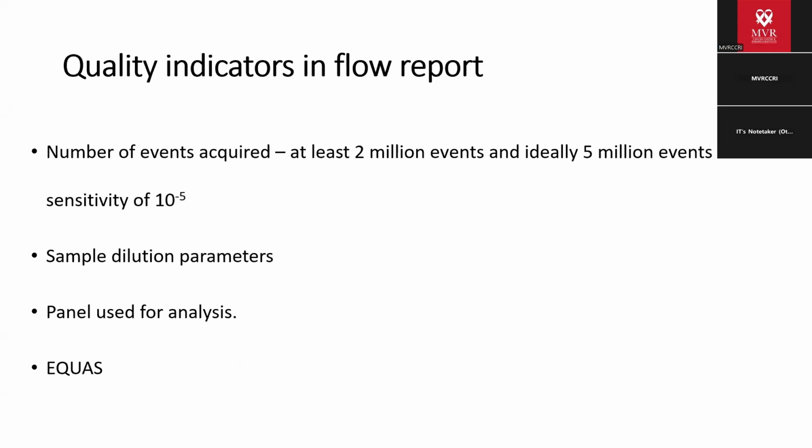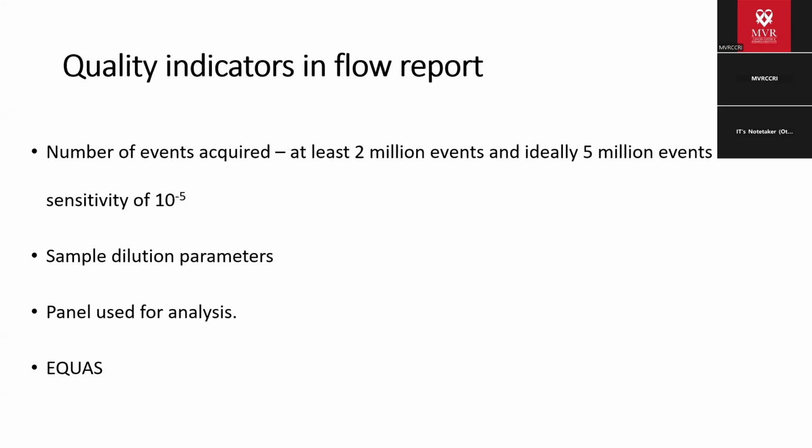So we have a lot of centers giving us myeloma MRD reports. How do we know whether the report that we have got is a standard or quality one? What are the parameters that we should look for? We should look at the number of events acquired in that sample. In B-cell MRD, if you remember, I had told we need a minimum of 5 lakh events to get a sensitivity of 0.01%. In myeloma MRD, the sensitivity we try to achieve is 0.001%. We also have the problem of plasma cells being very fragile, which need to be processed within 24 hours.